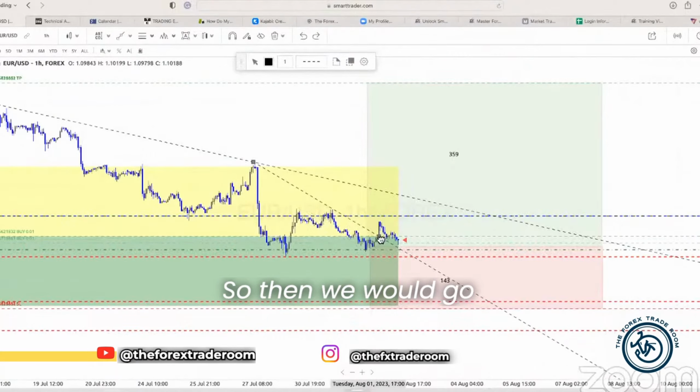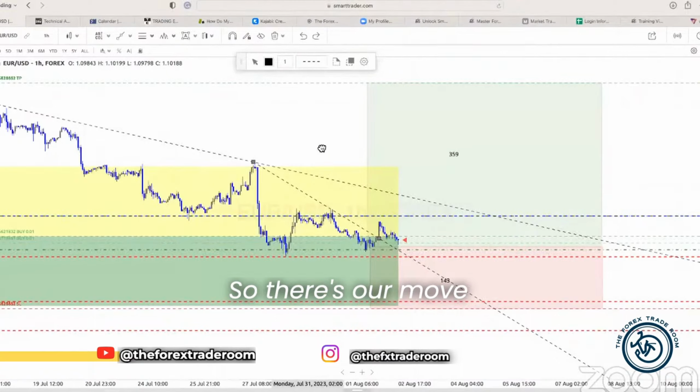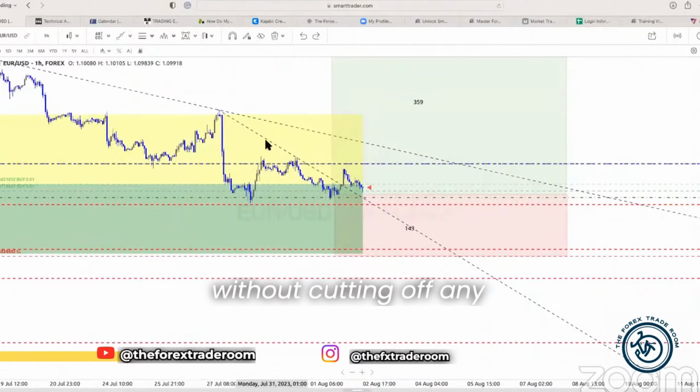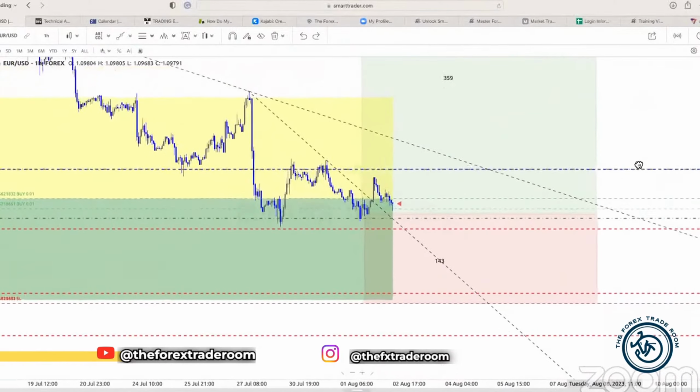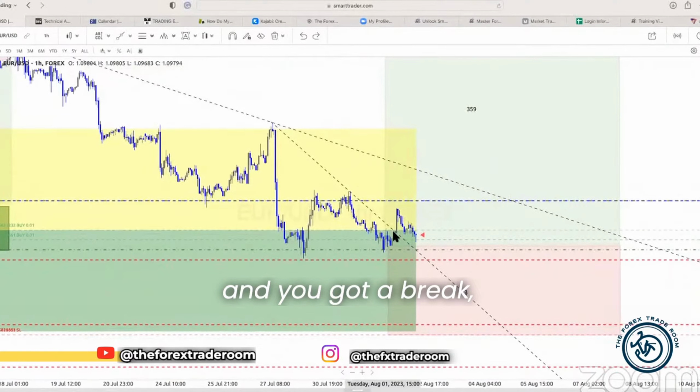So then we would go there, boom. So there's our move, without cutting off any wicks or bodies, getting to the lowest point, and that's where we are, okay? So we zoom in here, and you got a break and you got a pullback.